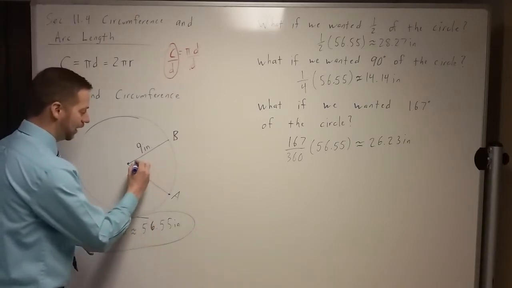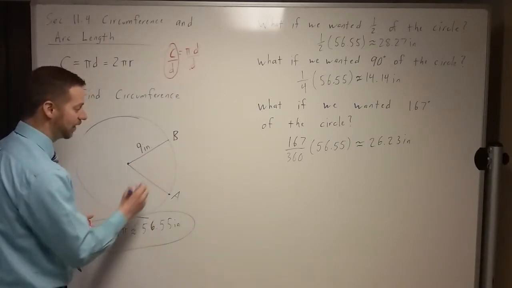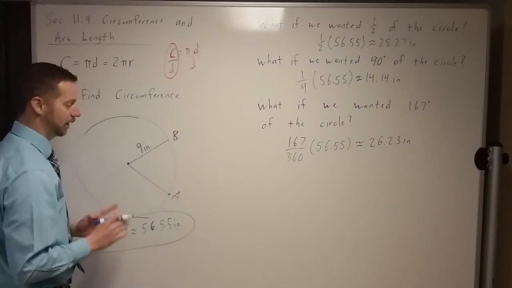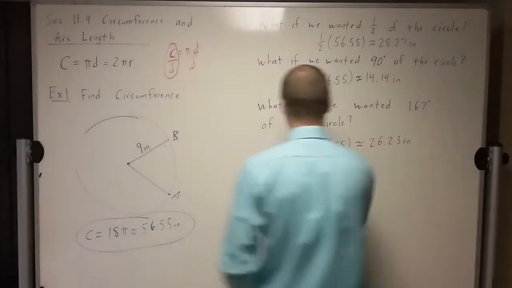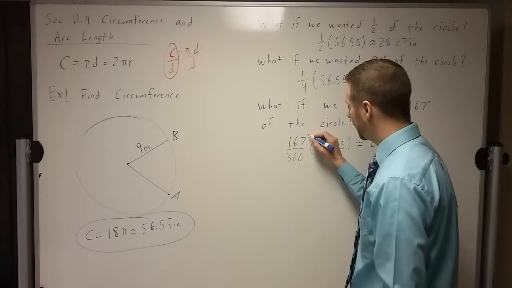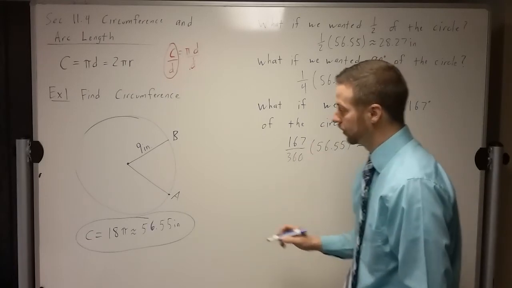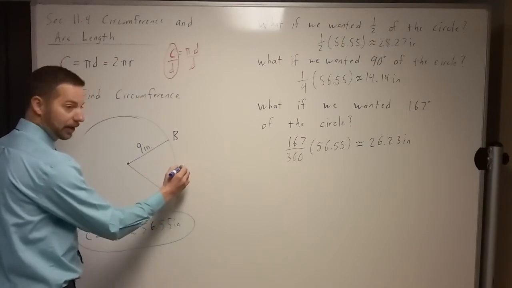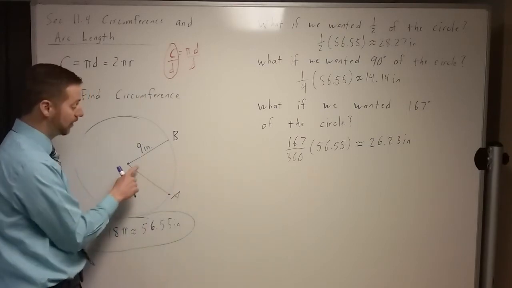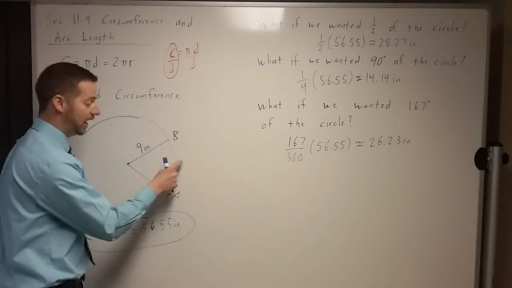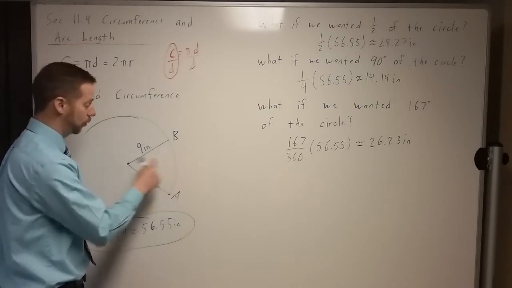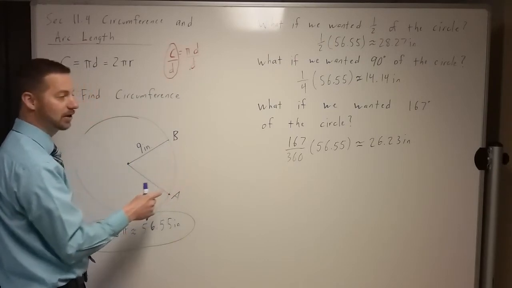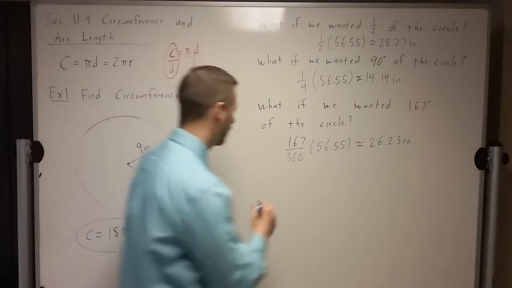If I have this angle in here, that's the same as the measure of the arc. Think about what we did. This angle is how much of the circle we're using. Whether I put that angle here or whether I put that angle here, it's the same thing. The measure of a central angle is the same as the measure of the arc it cuts off. So whether it's here or out here, the degree measure is the exact same angle.